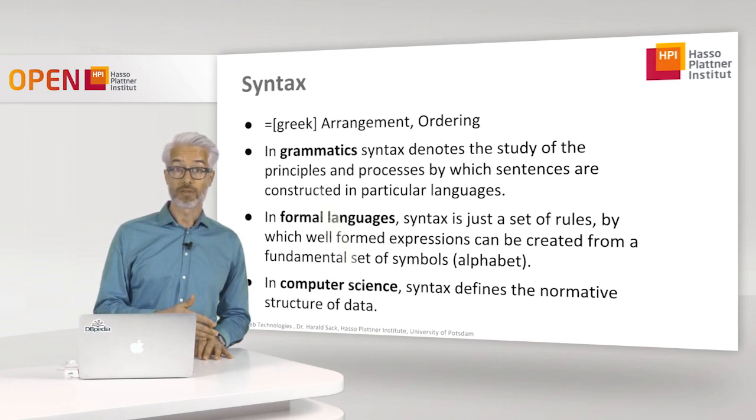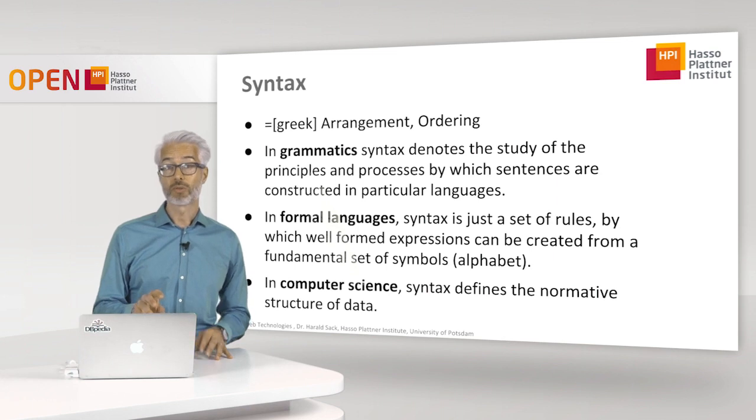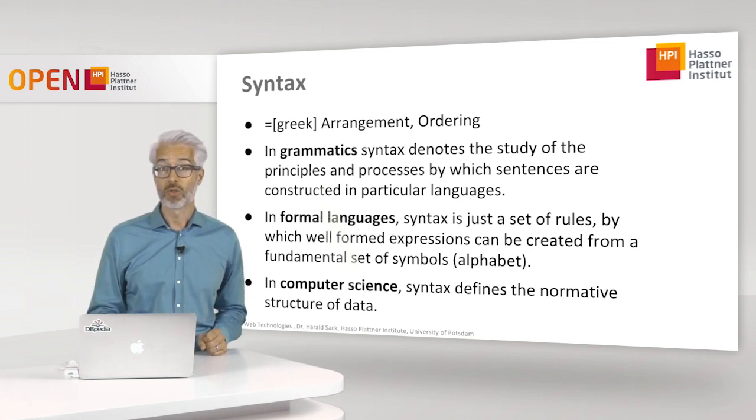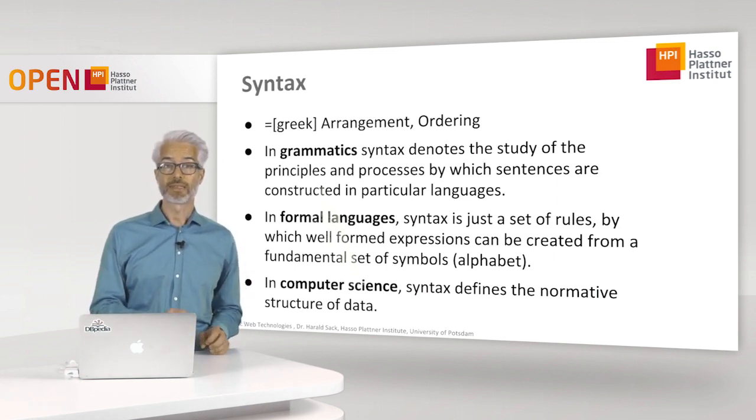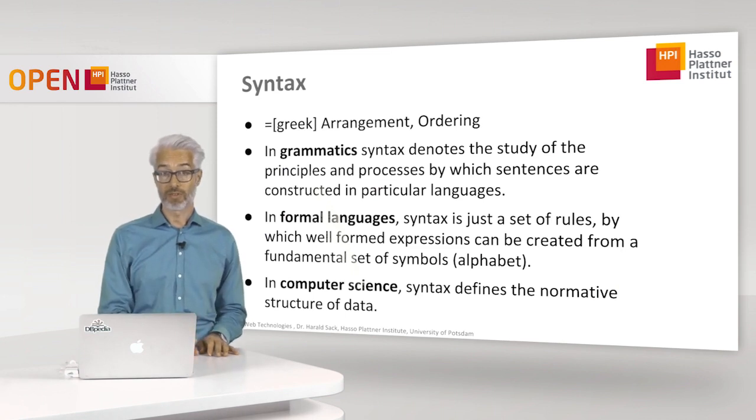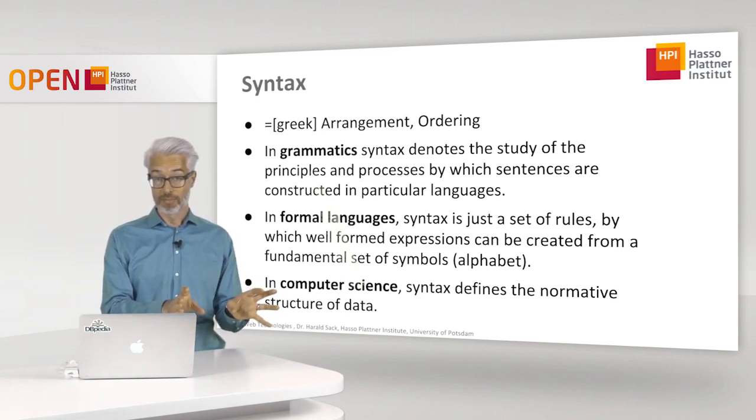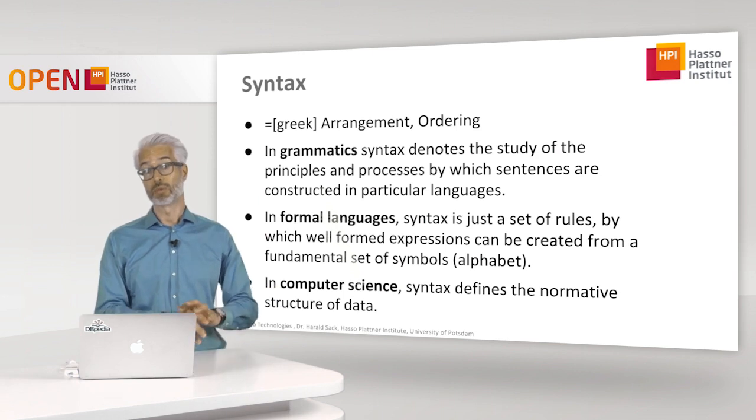In formal languages, the syntax is nothing but a set of rules by which so-called well-formed expressions can be created from a fundamental set of symbols, which is the alphabet. So you have a fundamental set of symbols, an alphabet, which can be characters or words.